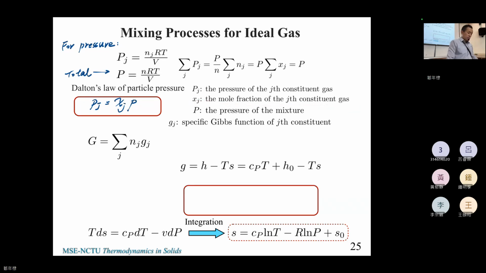So you can easily decompose the total pressure into the pressure for each type of gas.